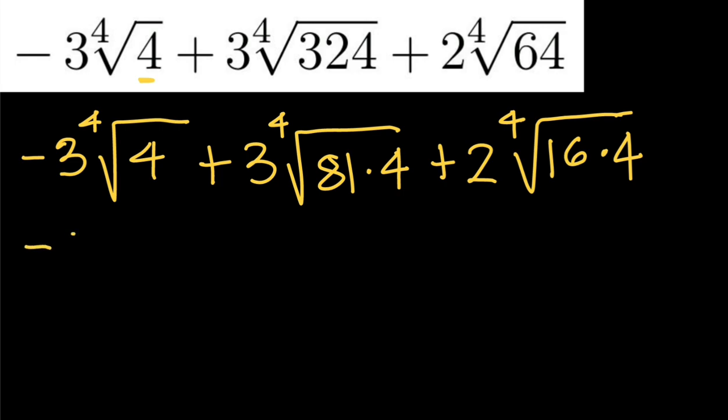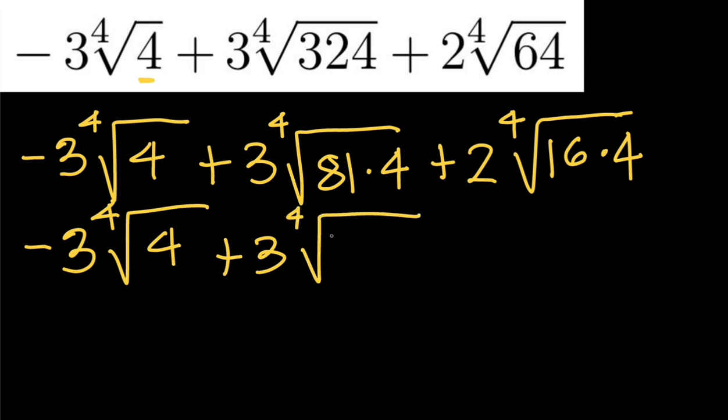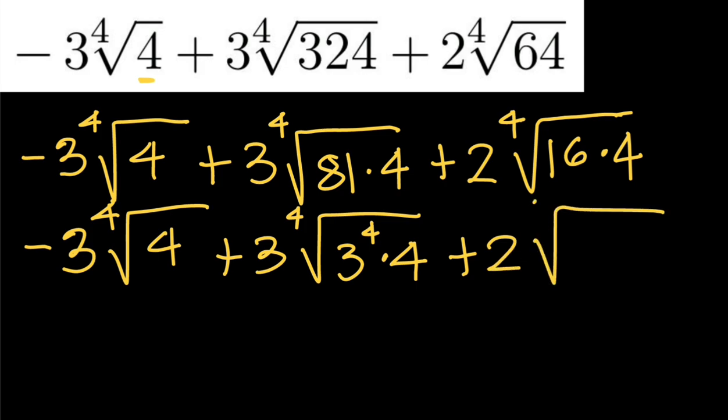Then this would become negative 3 fourth root of 4 plus 3 fourth root of 3 to the 4 times 4 plus 2 fourth root of 2 to the 4th times 4.